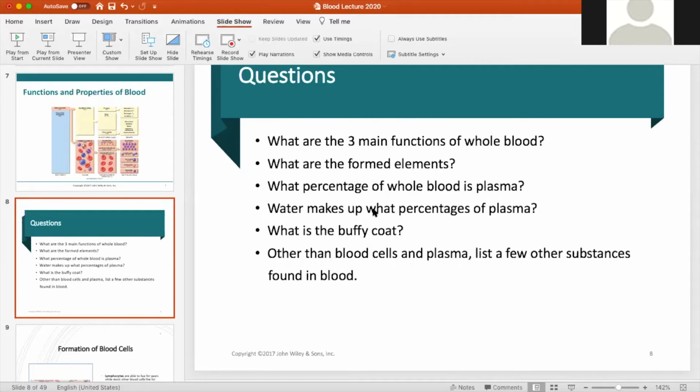Okay. All right. So the three main functions of blood is that it transports, it regulates, and it protects. So all of the above would have been correct for that. Let's go ahead and go to the next one here.